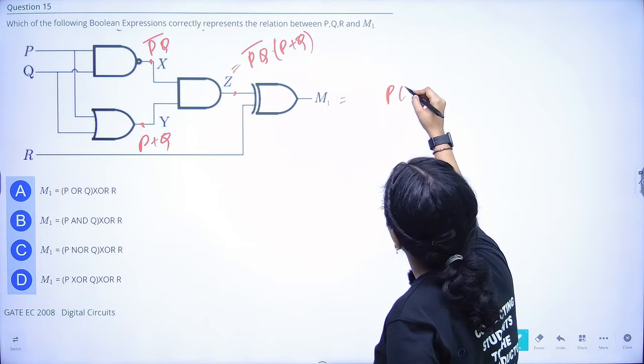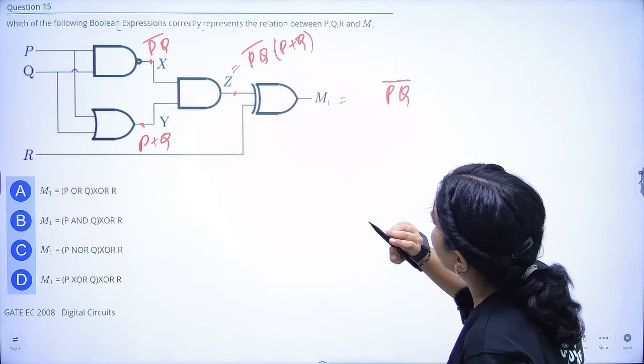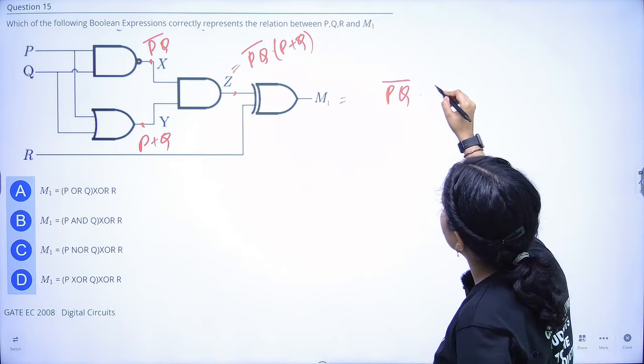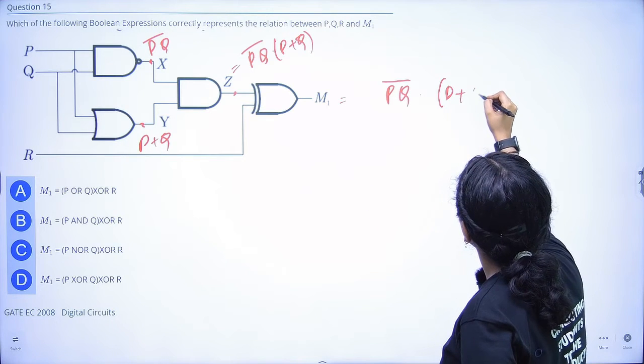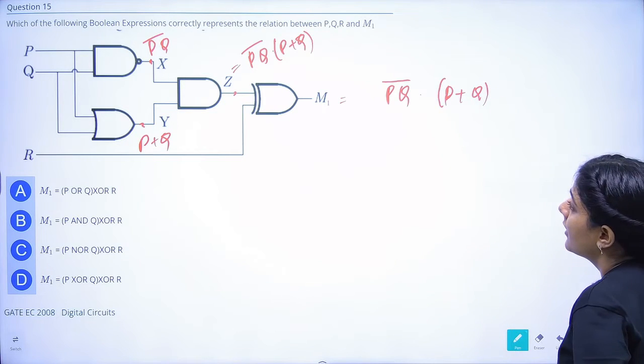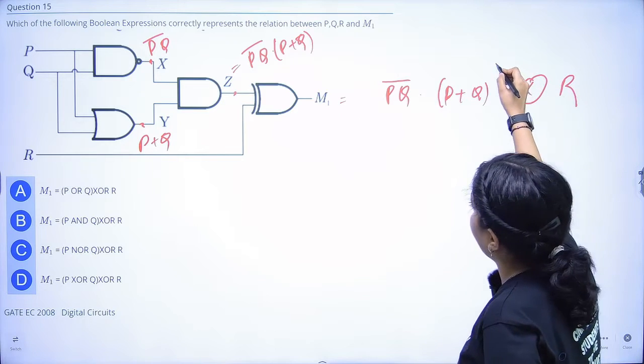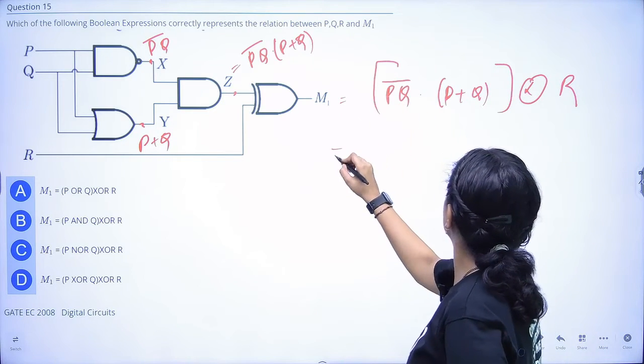Let's write it. PQ bar multiplied by P plus Q, XOR with R. Let's solve this.